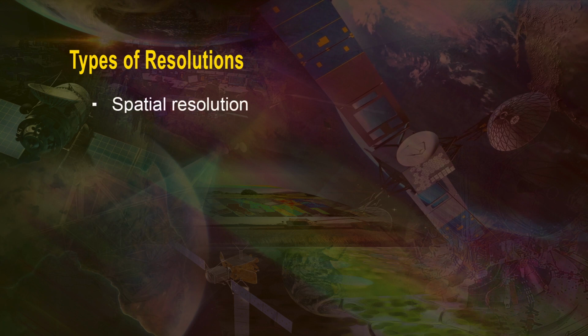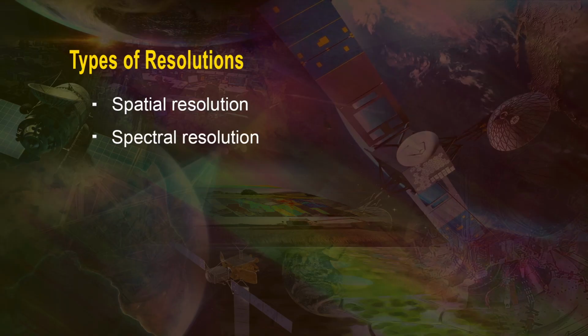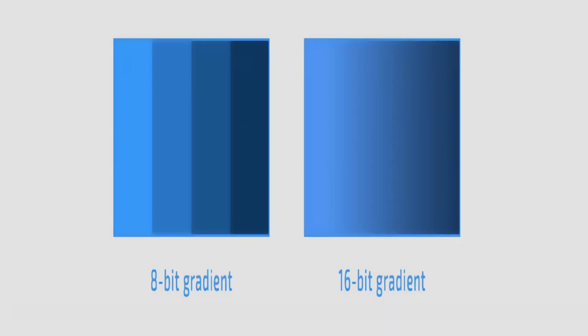Spatial resolution. Sensor ability to image closely spaced objects so that they are distinguishable as separate objects. Spectral resolution. The spectral bandwidth in which the data is collected. Radiometric resolution. The capability of the sensor to differentiate the smallest change in the spectral reflectance or emittance between various targets.